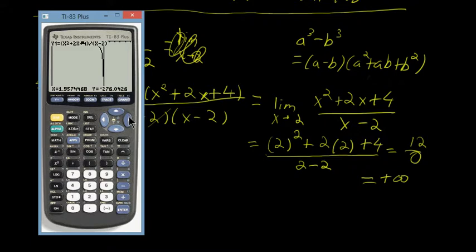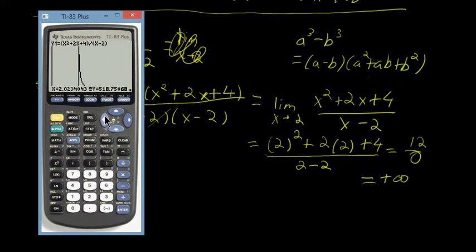At x equals 1.96, it's negative 298. At 1.97, y is negative 419. When x reaches 1.98, y is almost negative 700. So you can pretty much see that as x approaches 2 from below, y tends to negative infinity. At x is 1.9989, y is negative 11,274.